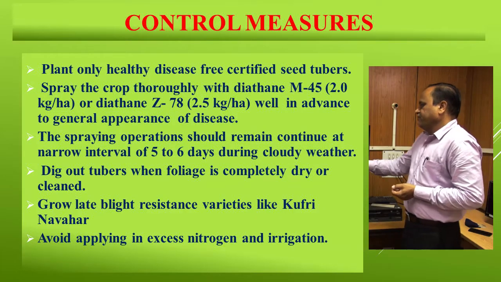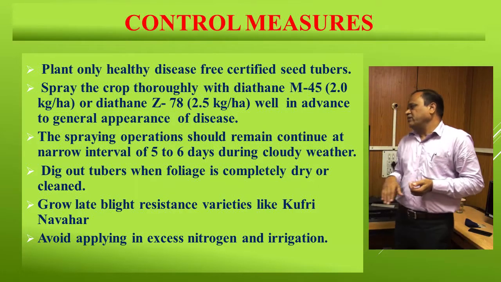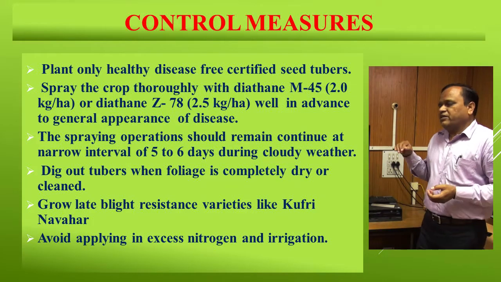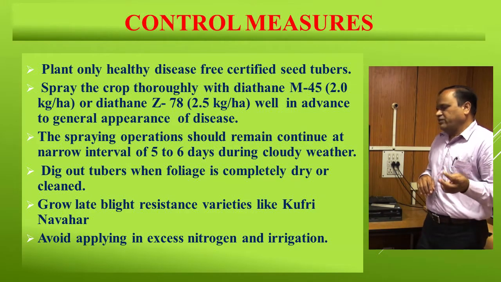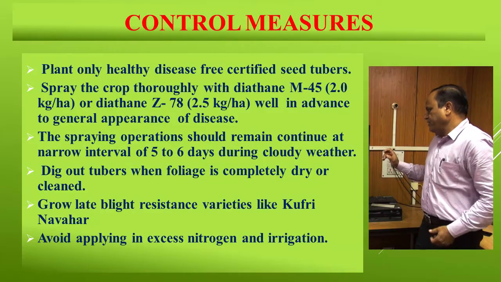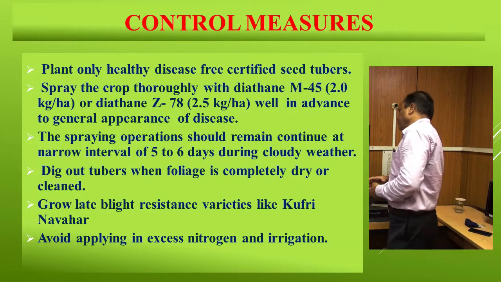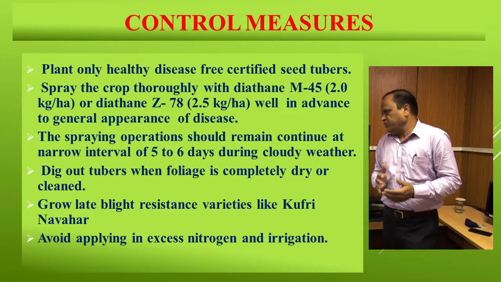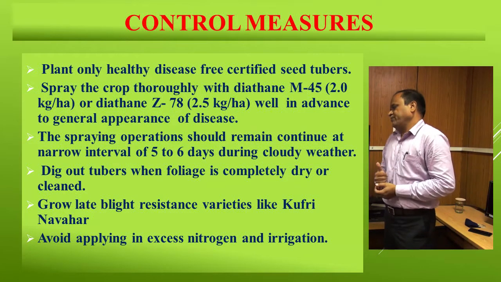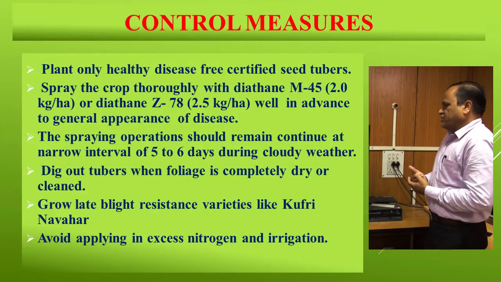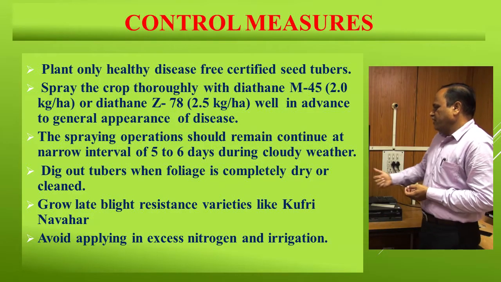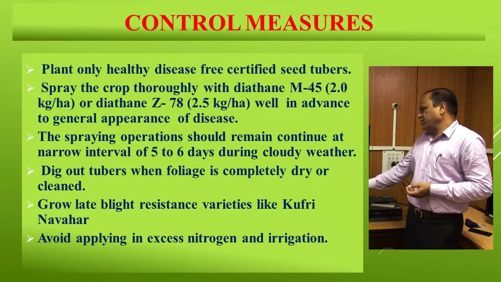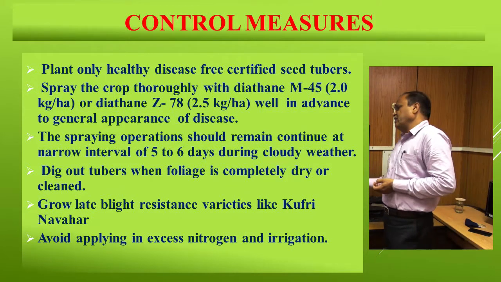Spray the crop thoroughly with Dithane M45 at the rate of 2 kg per hectare, or Dithane Z78 at the rate of 2.5 kg per hectare, well in advance of the general appearance of the disease. The spraying operation should be continued at a narrow interval of 5 to 6 days during cloudy weather.